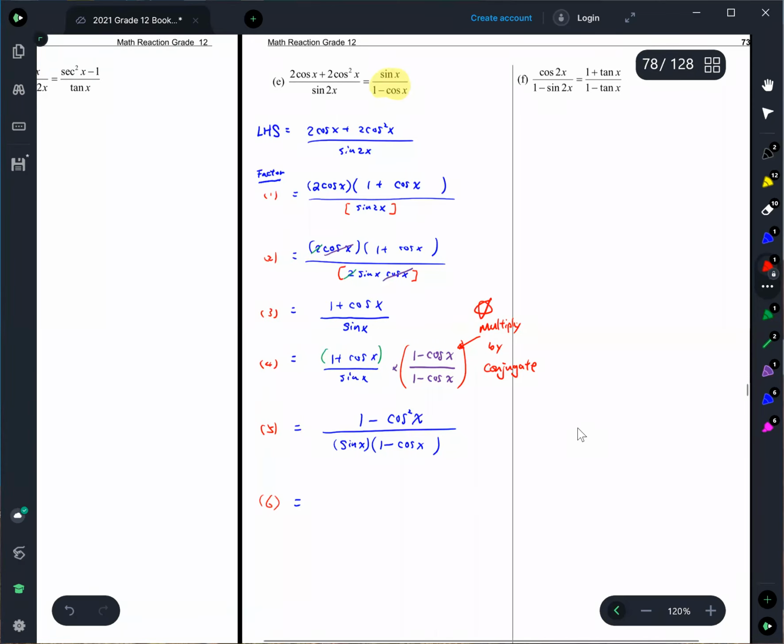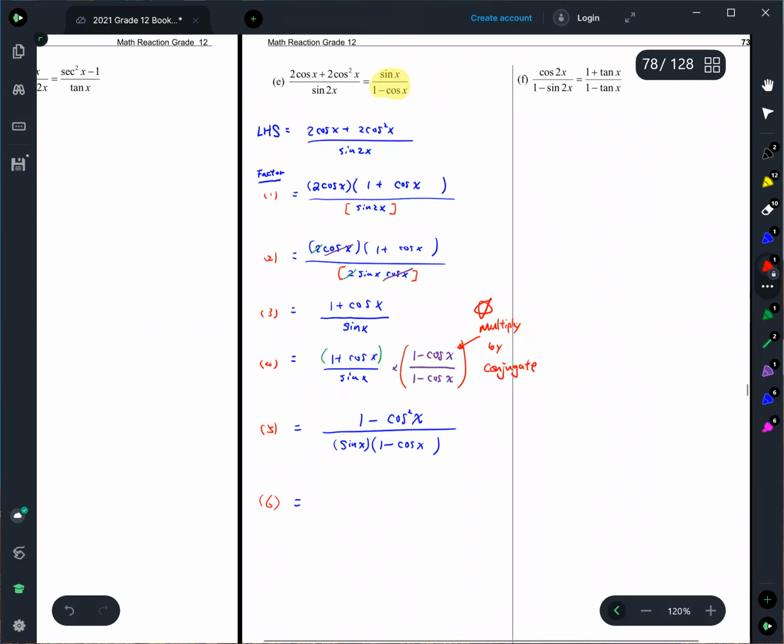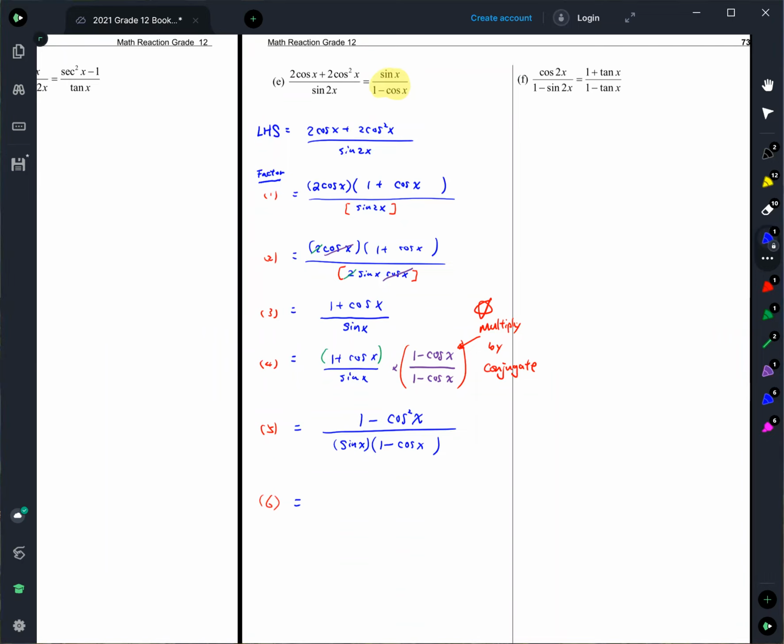Any identities we could use? Yeah, Eric? It becomes sine squared x because sine squared x plus cosine squared x equals 1. And then we can just cancel it out into sine x over 1 minus cosine x, which gives us the right hand side.